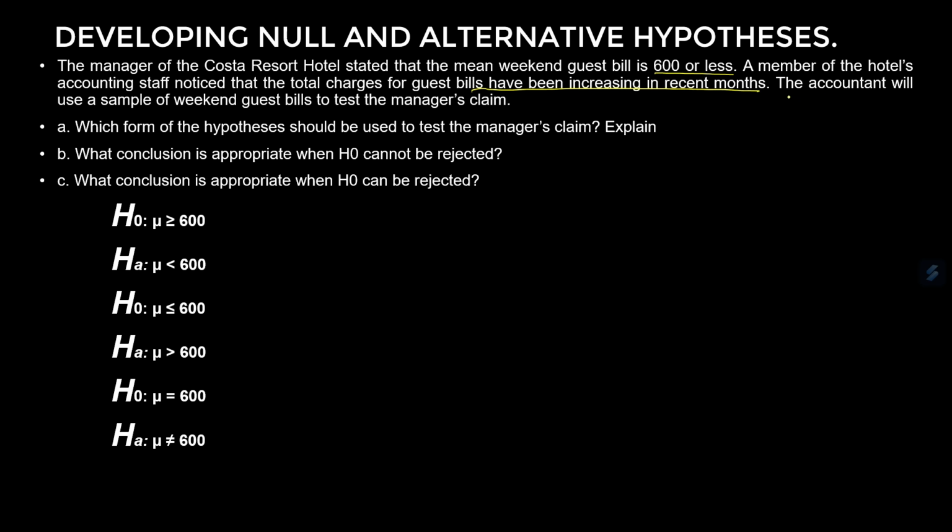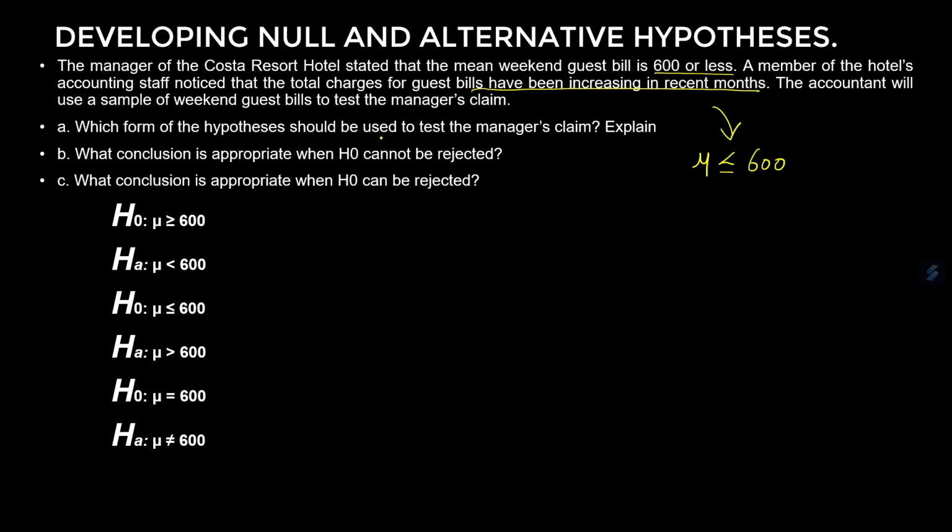The accountant will use a sample of weekend guest bills to test the manager's claim. Here, a particular situation is given wherein the manager of a hotel is stating that the mean, mu, weekend guest bill is 600 or less, meaning that mu is less than or equal to 600. This we have converted into symbols.